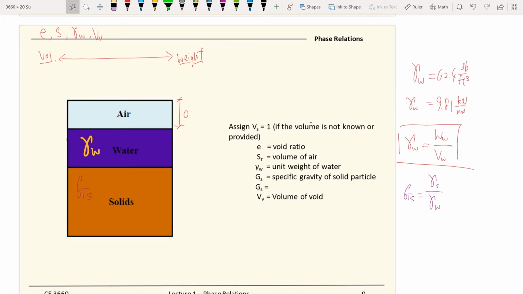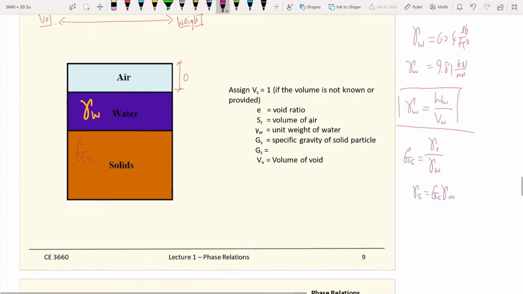Once you know G sub S, then you can relate it to the other terms that we want to find out, because G sub S is given, the unit weight of water is a constant, and the unit weight of solid is the weight of solid divided by the volume of solid.